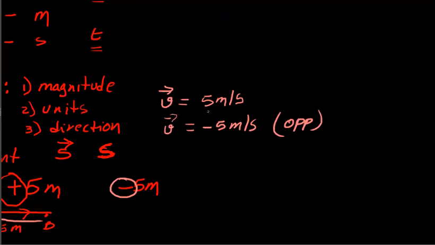Remember, the magnitude is same, 5 and 5. The units are same, meters per second. But the positive and negative sign tell us what is the direction of the velocity. So velocity is a vector quantity.